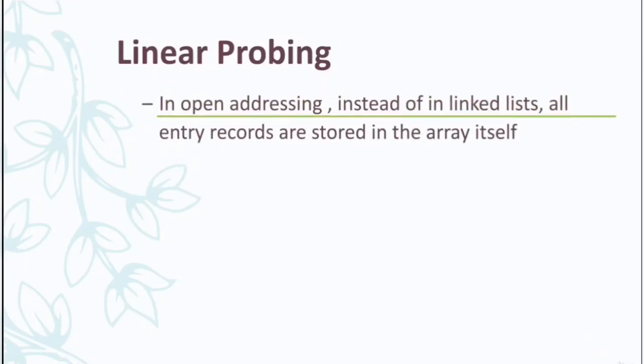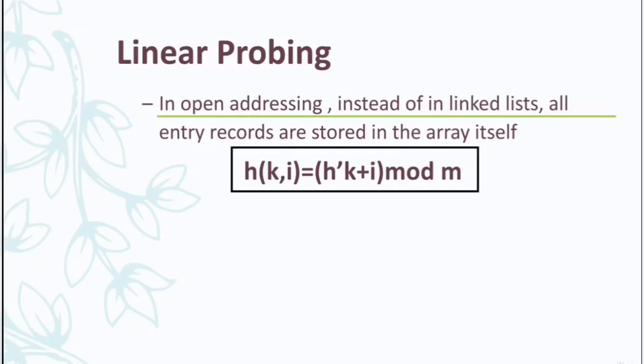Let's move forward to the next point, that is linear probing. So what is it? In open addressing, instead of a linked list, all entry records are stored in the array itself. So the hash function for linear probing is h of k comma i equals h dash of k plus i, mod m.